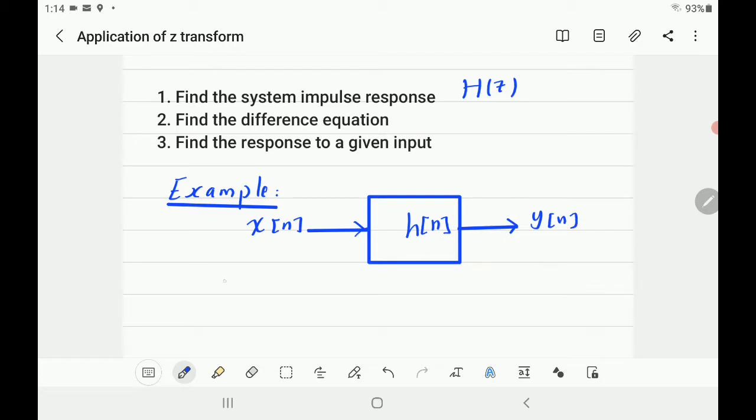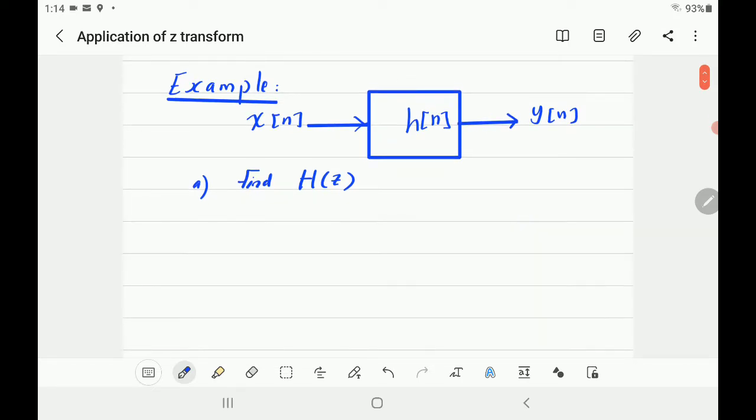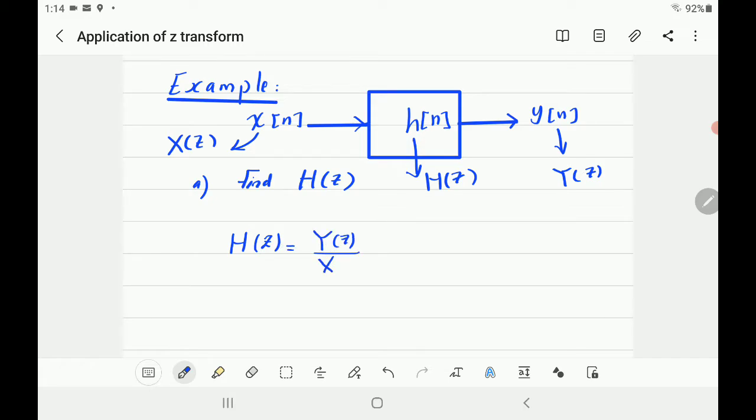The question is, find the impulse response h of z in z domain. To find that, we have to convert everything to z domain, so x of n will find the equivalent x of z, and this one will be h of z, and the output will be y of z. So the impulse response in z domain will be equal the output divided by the input.